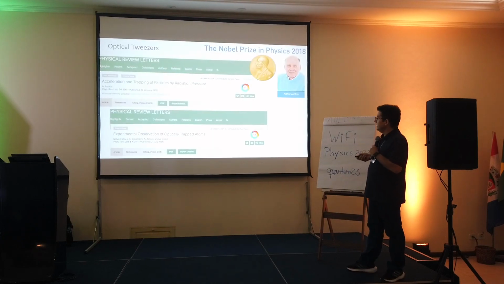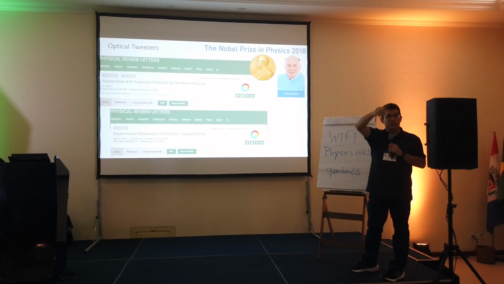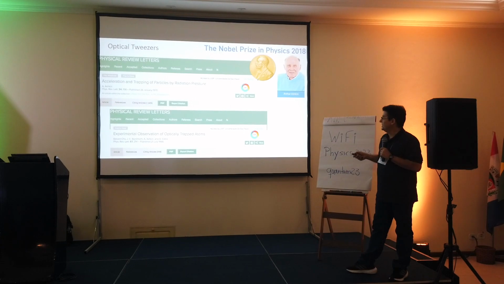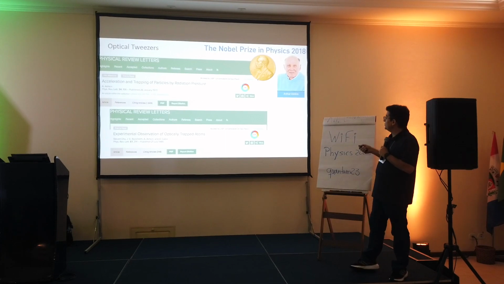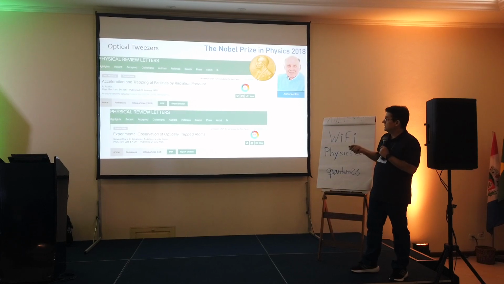But the history behind optical tweezers is actually rather long. For you, it's probably ancient history. It started in the 70s. It's actually kind of old even for me. So one of the first works on optical tweezers, by Ashkin, is here.